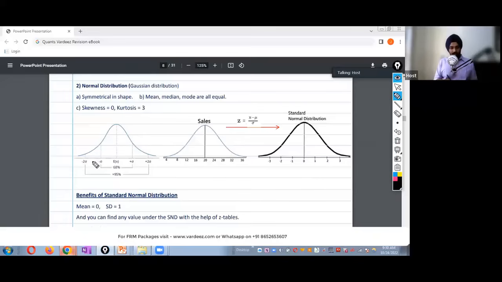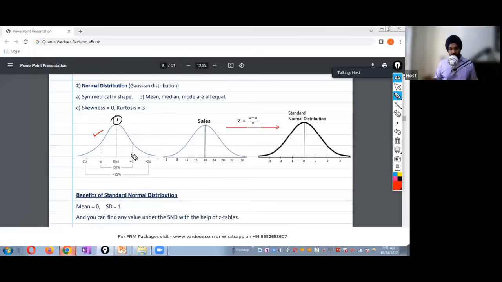Now, let's talk about the first normal distribution. The best thing about normal distribution is that when you work in finance, most of the data you have will look like a normal distribution. That really helps you as an analyst.